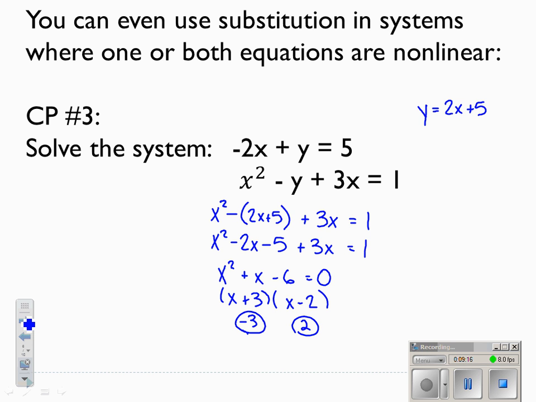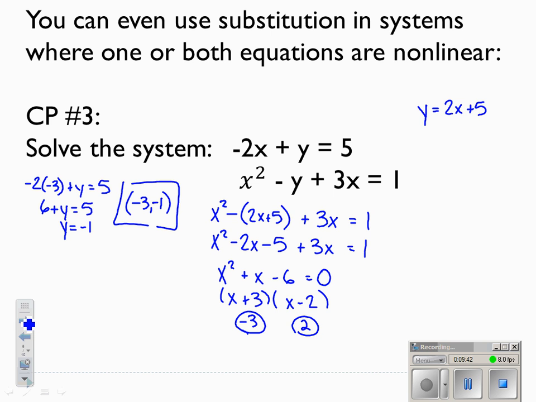So all we need to do now is, one at a time, put those x values in and find their y partners. So my first x was negative 3. So I'm going to put that into the first equation. I'll get 6 plus y equals 5, or y equals negative 1. So my first solution is this ordered pair.